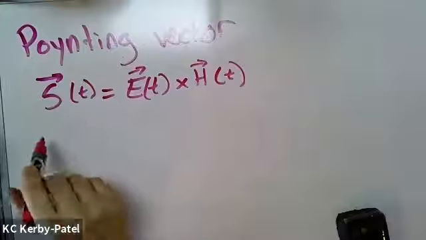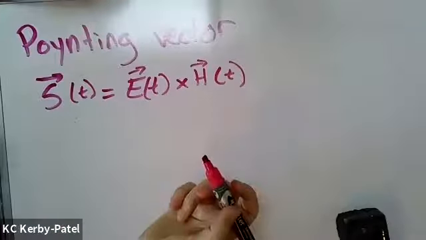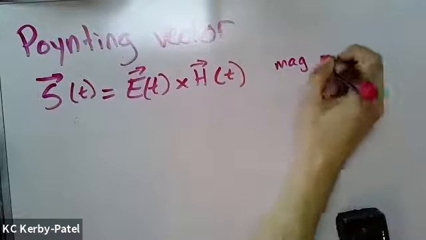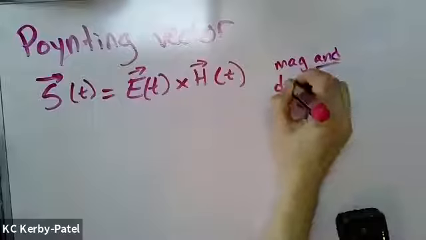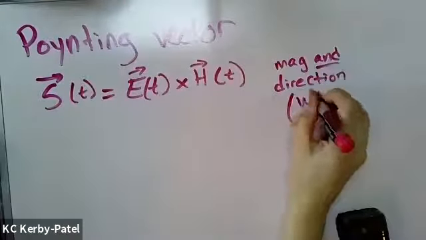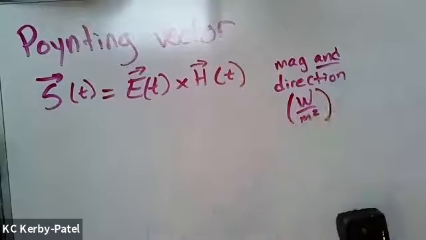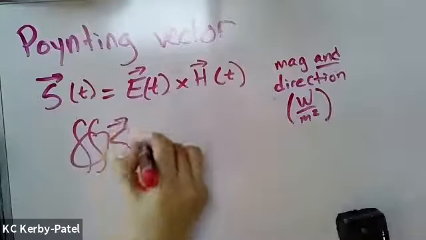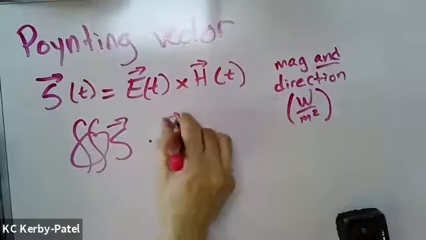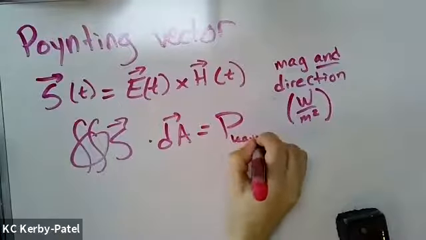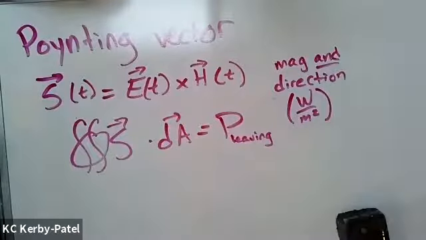If you want to talk about the time average power flow, which is usually what we care about as engineers. Oh, and this is a vector, so it has magnitude and direction. It has units of watts per meter squared. So it's a power density, meaning that you could do a flux integral of this to find the power leaving some area or some volume.